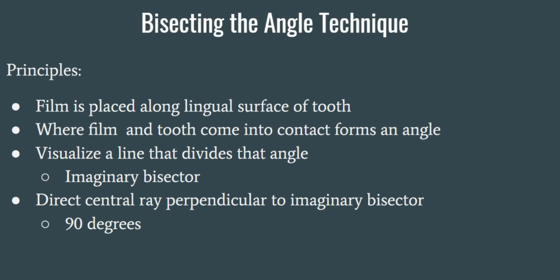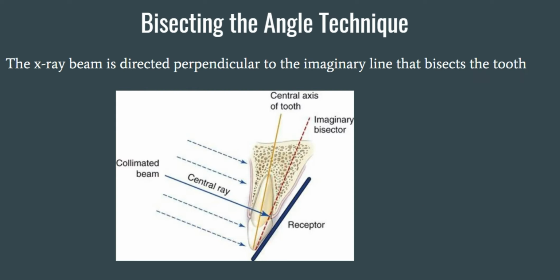So let's take a closer look at that with some visuals here. The X-ray beam is directly perpendicular to the imaginary line that bisects the tooth. Here we have the receptor.